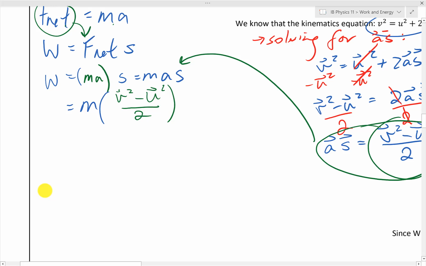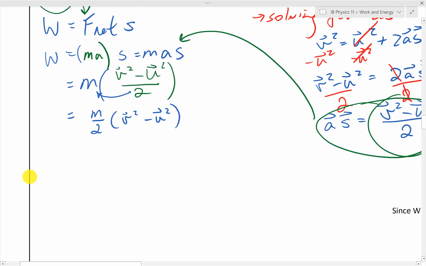It's starting to look suspicious now. Let me make it a little bit more obvious for us to see what's going on. I'm going to move the 2 outside, which is going to give us mass divided by 2, and in brackets, final velocity squared minus initial velocity squared. Still not obvious enough? Well, let's keep going.